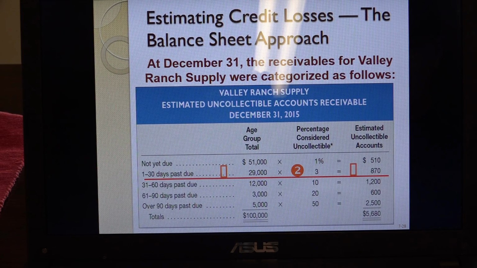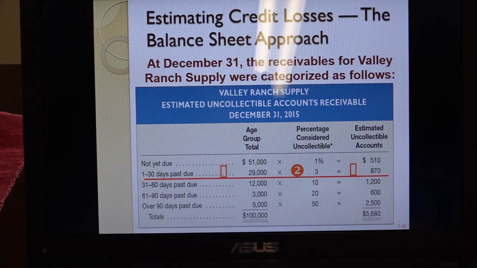And notice this goes out to over 90 days past due. You've got 5,000. Luckily not very much past due in the over 90 day column, but look, they're predicting 50% uncollectible. And again, is that 50% based upon experience? Let's hope so.